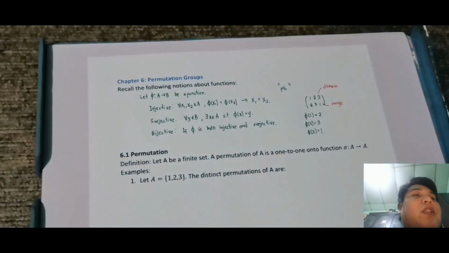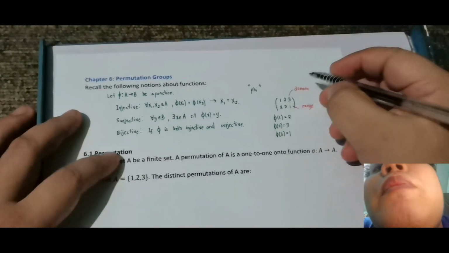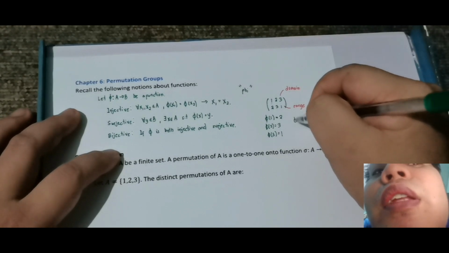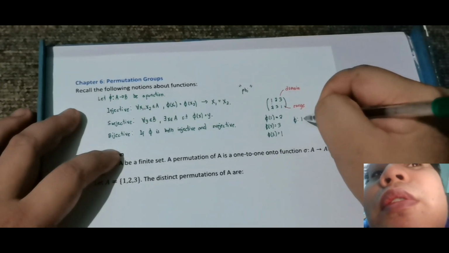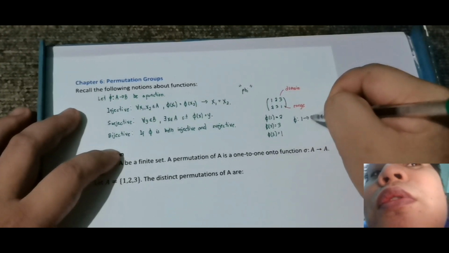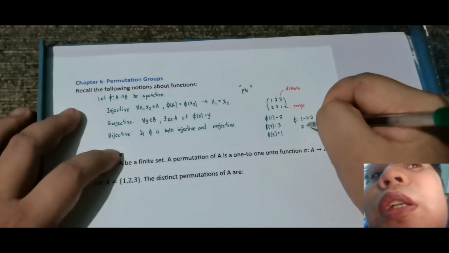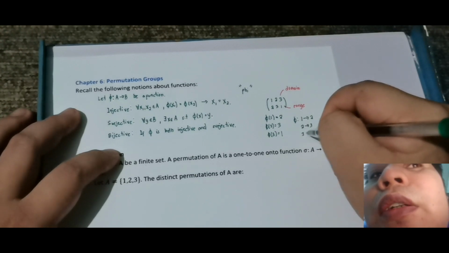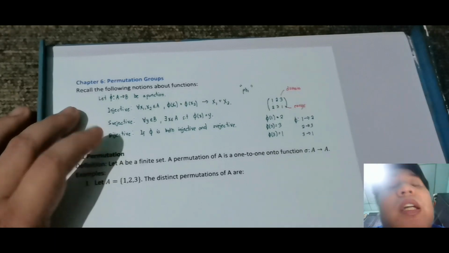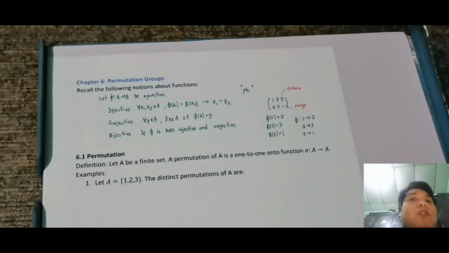Another thing, pwede natin sabihin na 1 goes to 2, 2 goes to 3, and 3 goes to 1. At kung napansin mo, siya ay bijective function. Injective siya, surjective siya. Kung mapping pa lang, obvious na siya ay bijective function.